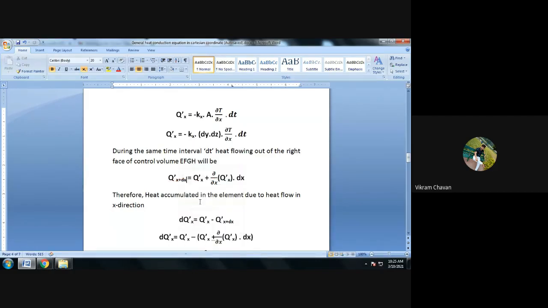So the total heat leaving the element in x direction, that will be equal to q dash suffix x plus dx, which is equal to q dash x plus dabba of q dash x with respect to dabba x multiply by dx.